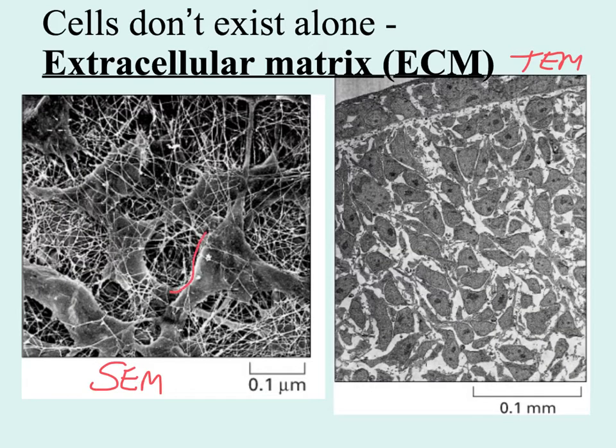On the scanning EM, you can see some of these cells pretty clearly, but they're covered in extracellular matrix proteins and sugars. On the right, you can see the spaces, that's where the sugars are, and in this case, on a TEM, you may not really be able to see, depending on the magnification, the fibrous proteins of the extracellular matrix.